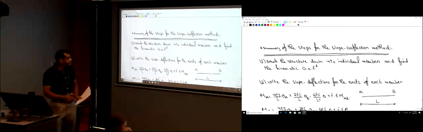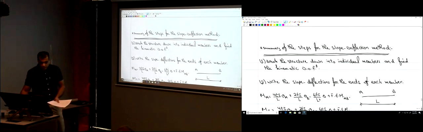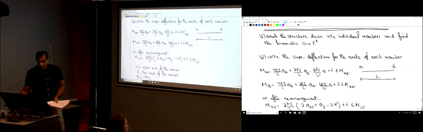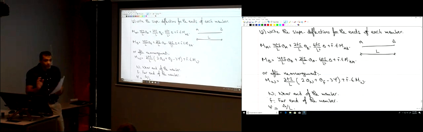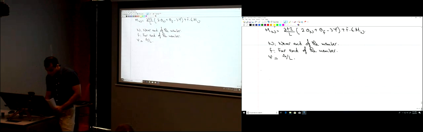Again, the first step, you break down the structure into individual members and find the kinematic degrees of freedom, and then you write the slope deflection equation at the two ends of each member. This is the slope deflection equation. After this step, you don't know the kinematic degrees of freedom yet. You just wrote those equations, but the degrees of freedom are unknown, so you need to find them.